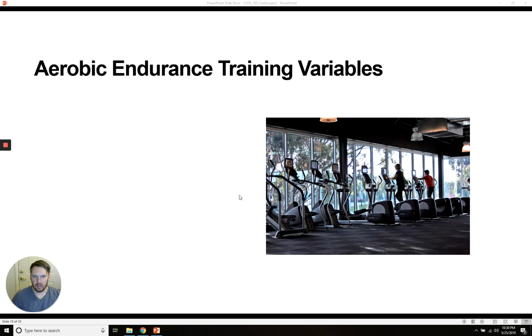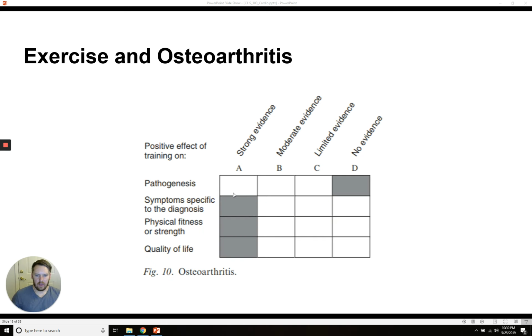Now, the point here is that exercise certainly has medicinal-like effects. Can it replace medicine? No. It's not the same thing. Can it be used in combination? Sure.